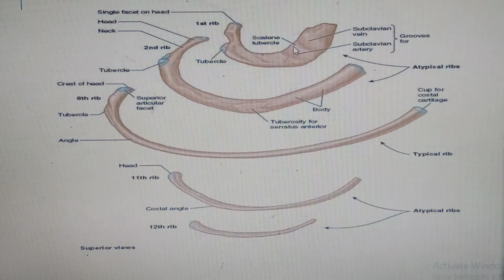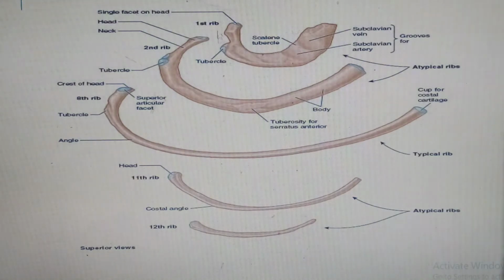So the subclavian artery's groove will be posterior, because as you get closer to where the head is, you are going posteriorly. In between the groove for the subclavian vein and the subclavian artery will be the insertion point for scalenus anterior muscle. And therefore, we have what we call the scalene tubercle over there.